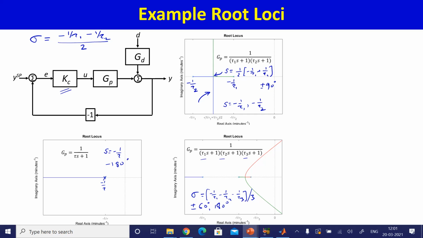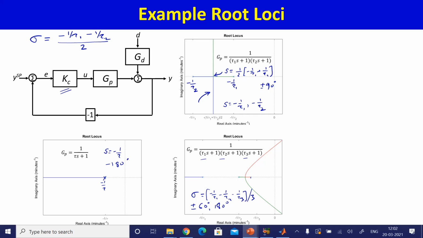And so you can see, for the picture that is drawn there, the asymptote looks like it's going to be somewhere over here, yeah, and so the asymptotes are going to be plus 60 degrees, minus 60 degrees, and then 180 degrees, and therefore the root locus looks the way it does.